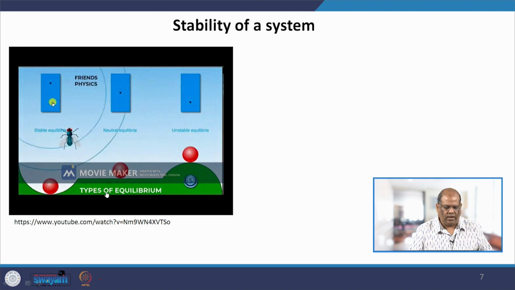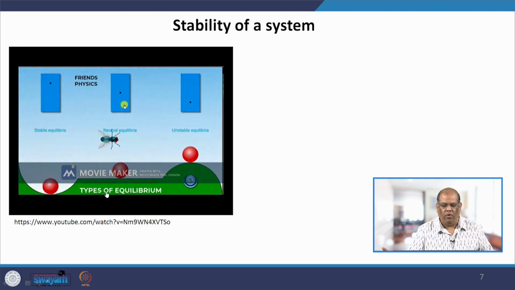As you can see, this ant gives a small push to this board attached and it just oscillates a little and then comes back to its original position. The same thing happens with the ball. It gets a small push, it oscillates and comes back to the original position. So, this is what we call a stable equilibrium.